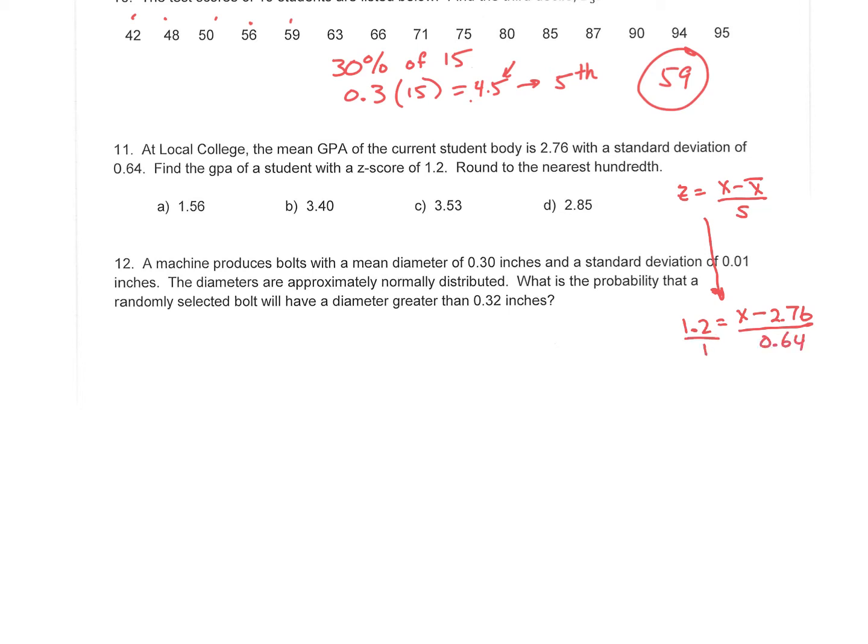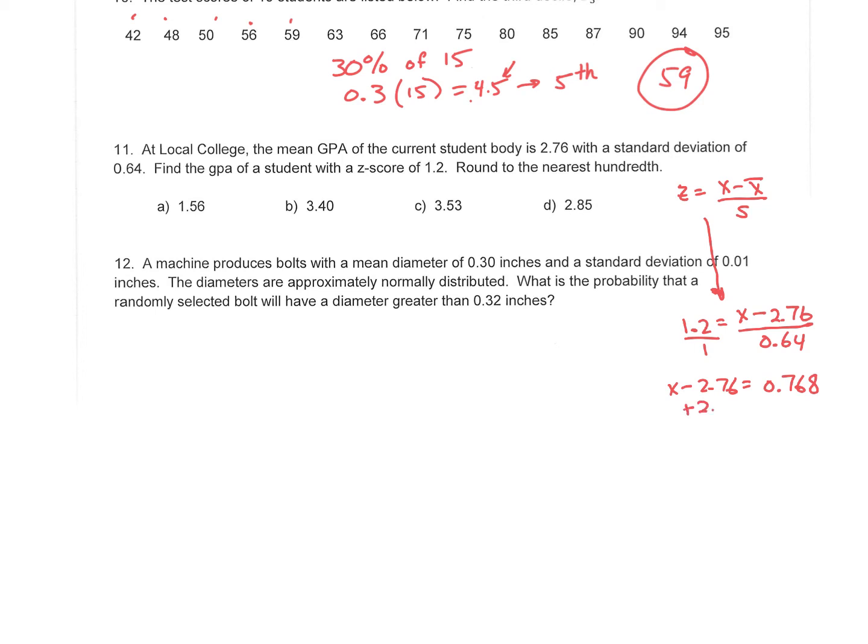Solving this equation, cross multiply, we get x minus 2.76 equals 1.2 times 0.64, which is 0.768.